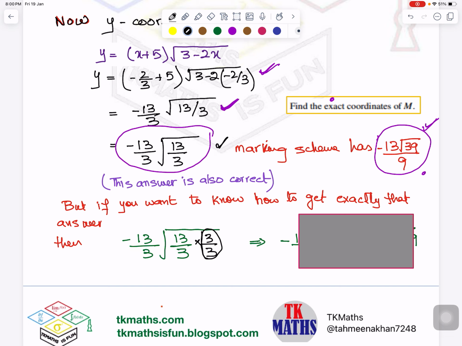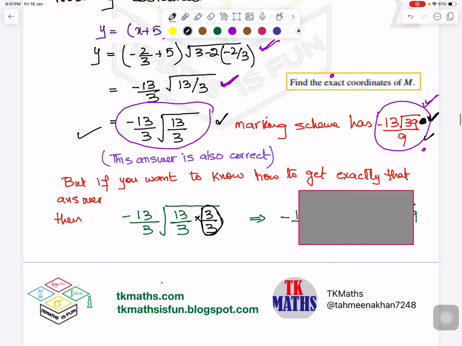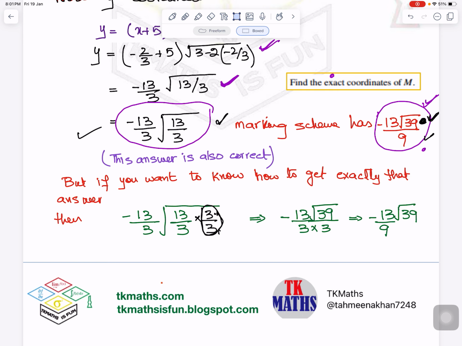Because I know 13 times 3 will be 39. This is what was given in the exact form in the marking scheme. But remember, you don't need to bring it in this form. The only reason is you don't know in which form it is required. It is saying exact form, so this is also exact form, and that is also fine. After multiplying and dividing by 3, you can easily get what is shown in the marking scheme.